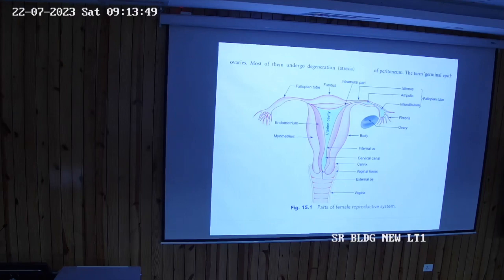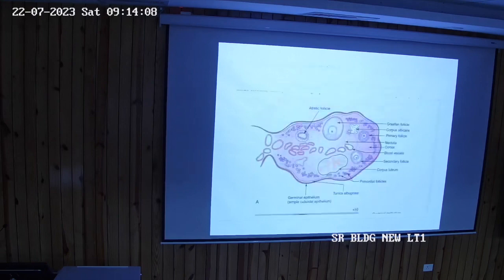The cortex is dense connective tissue, and the medullary part is loose connective tissue. The only differentiation we can make is by the presence of a large number of ovarian follicles in the cortex.